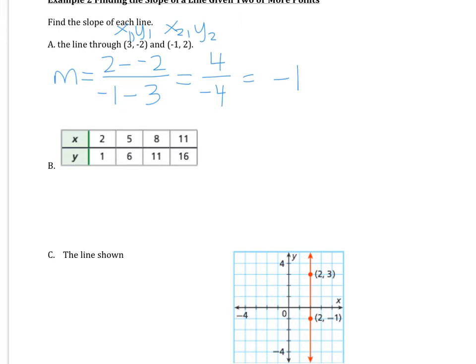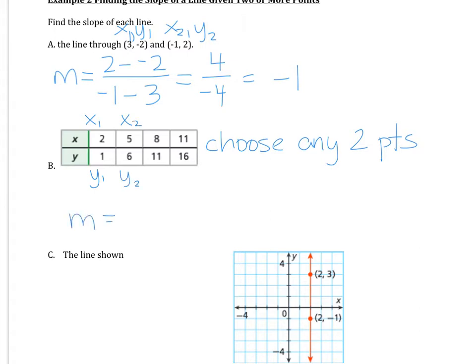When you're given a set of values, you just find an x1, y1, and an x2, y2 out of the set of data. You can choose any 2 points. I'm just going to go ahead and choose the first 2. So I'm going to call this one x1, that y1, and this x2, y2.